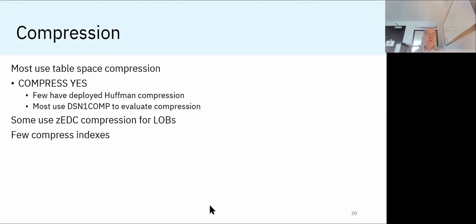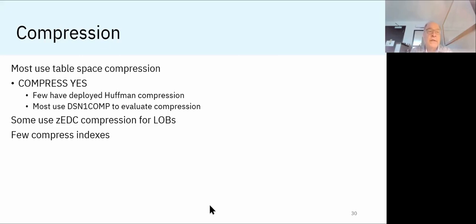Most customers do use the DSN1COMP standalone tool to evaluate compression because it gives you an idea of how much disk savings you'll have and potential costs relative to compression. But because the compression algorithms favor read, you can actually improve performance because the data stays compressed in the buffer pool for table space compression.